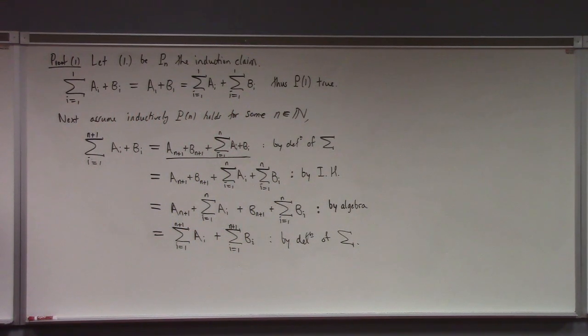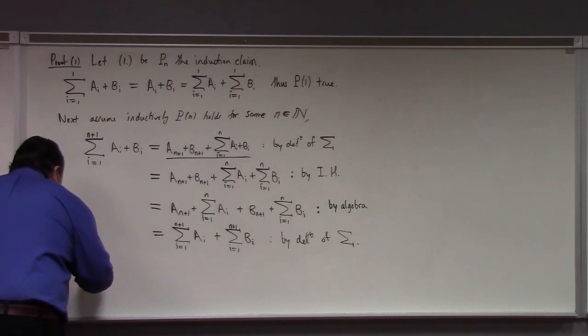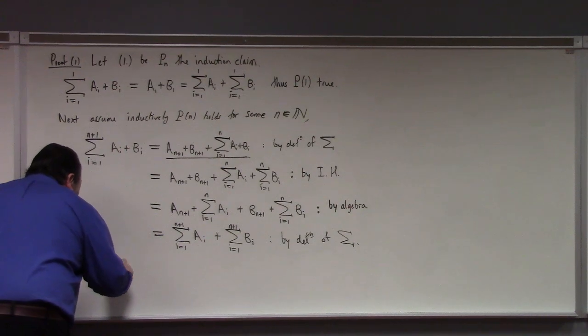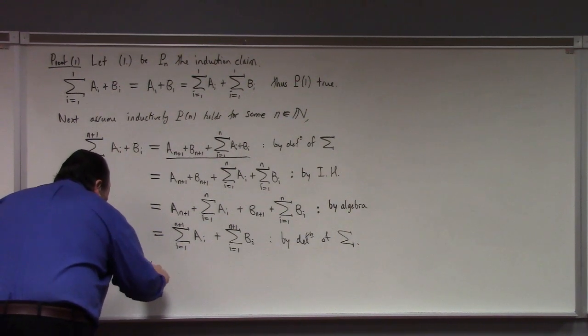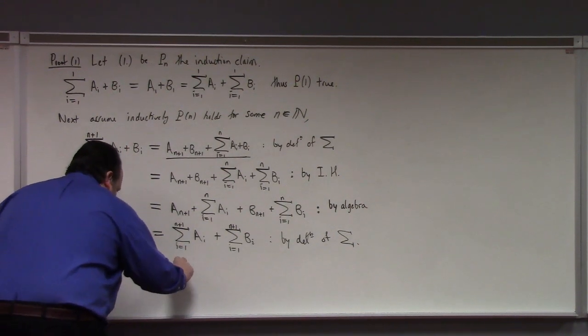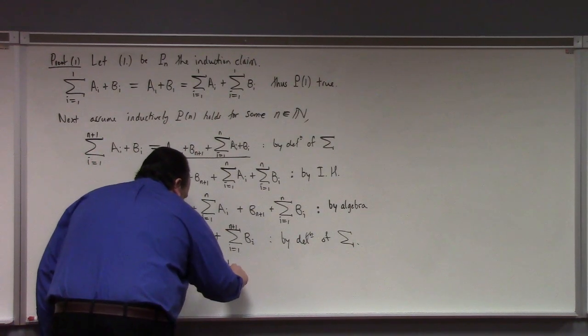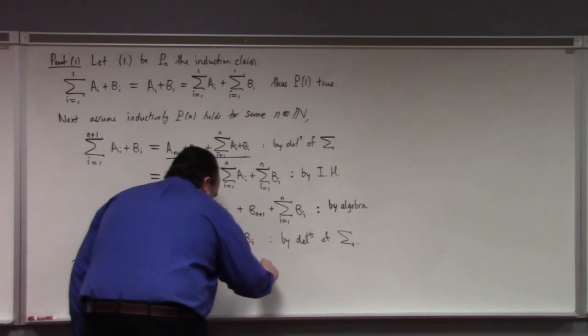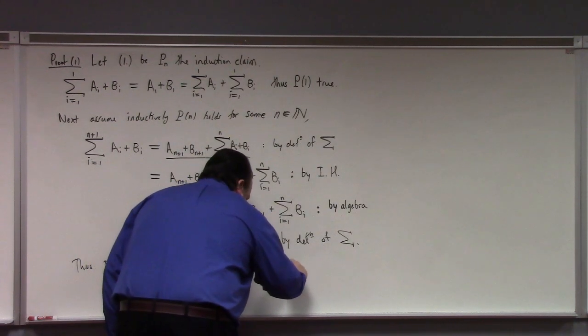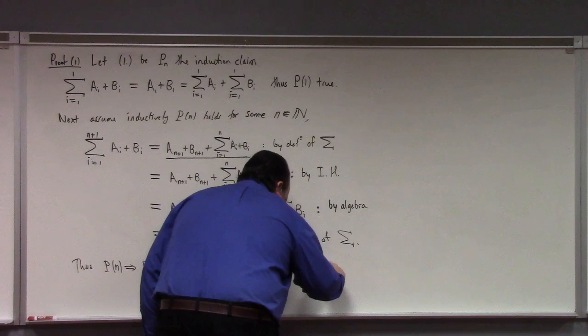And so then, thus, P of n implies P of n plus 1. Hence, P of n holds for all n in the natural numbers by proof by mathematical induction.